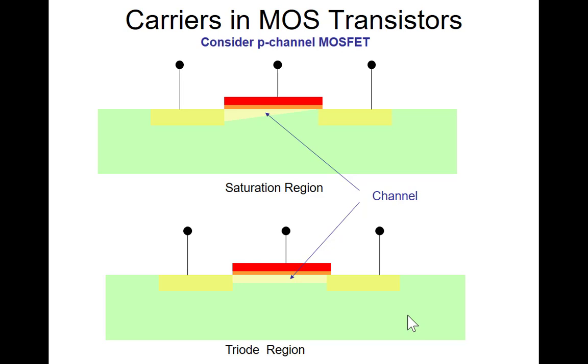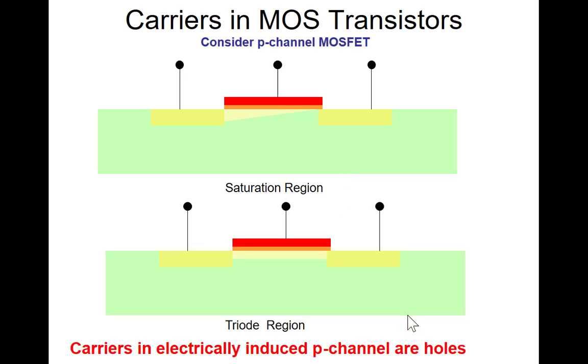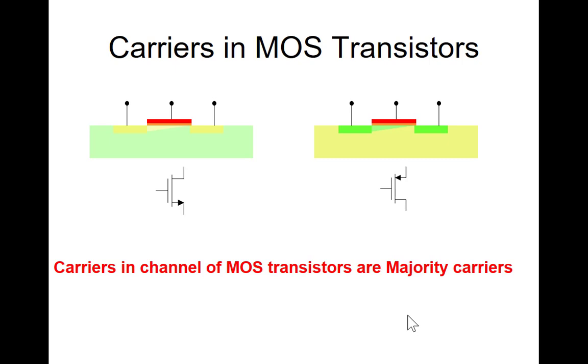So it's majority carriers that are associated with current flow in the channel. So the carriers in an electrically induced p-channel region are also majority carriers. Regardless of whether you have an N-channel or a p-channel transistor, the carriers in the channel that govern how the device operates are majority carriers.